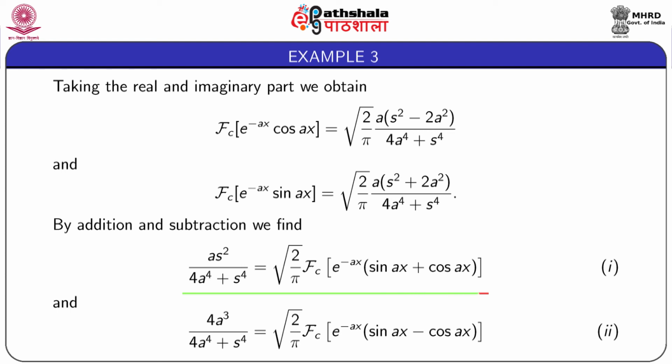Similarly, by subtraction of these two, we get 4a cube by 4a^4 plus s^4 equal to root over 2 by pi times the Fourier cosine transform of e to the power minus ax into sine ax minus cos ax.